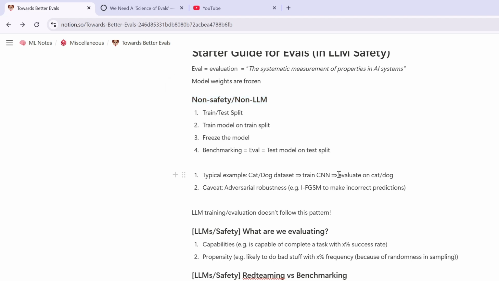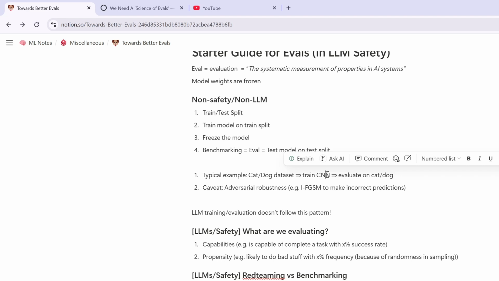And then after you finish training it, you evaluate the same CNN on the test split of the cat dog dataset. In other words, you're evaluating your training procedure, the model architecture, on some dataset, and this just makes sense because obviously you want to know how good is this training procedure and this architecture on this particular task of interest.